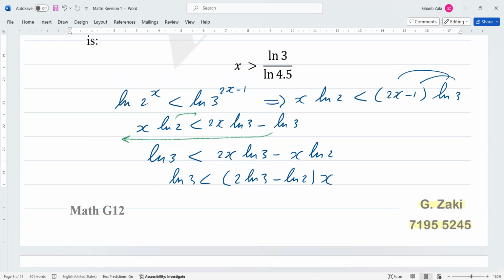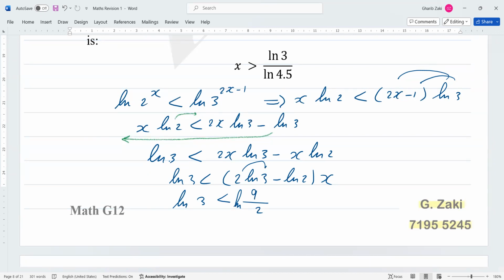Now, simplify this. How? It's ln 3, less than, 2 becomes a power, so it's ln 9, then ln 9 divided by 2.